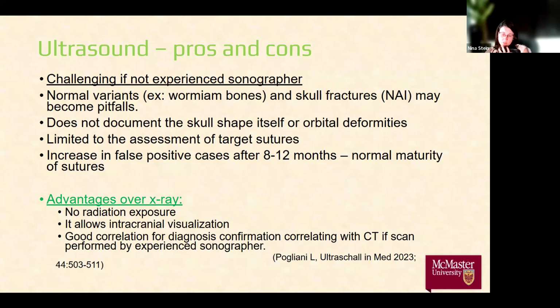There are several published papers correlating the findings in ultrasound with CT using experienced sonographers, and they have a very good correlation with the findings seen in CT. So if you have a structure of experienced sonographers to scan these patients, it might be a good idea to set it up if you want this as a screening test.